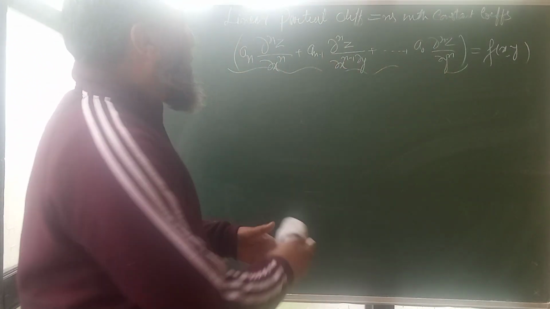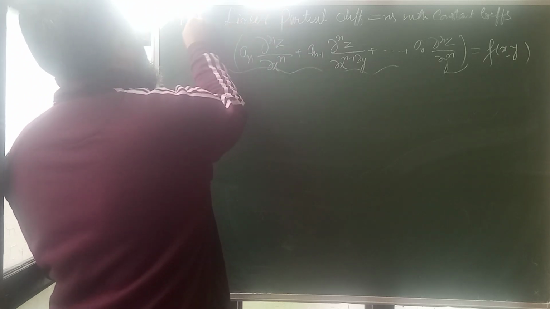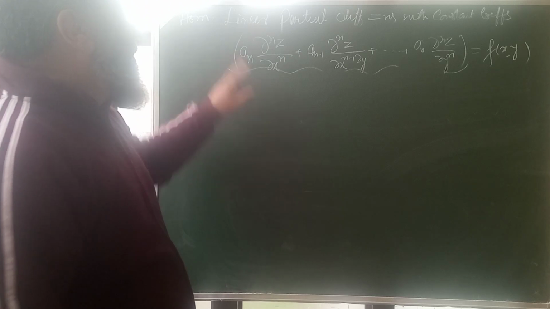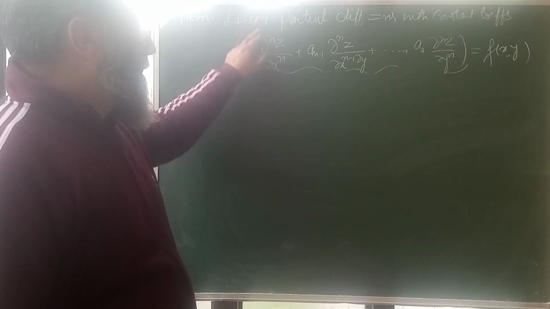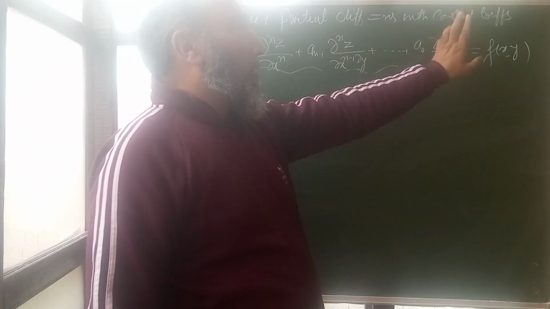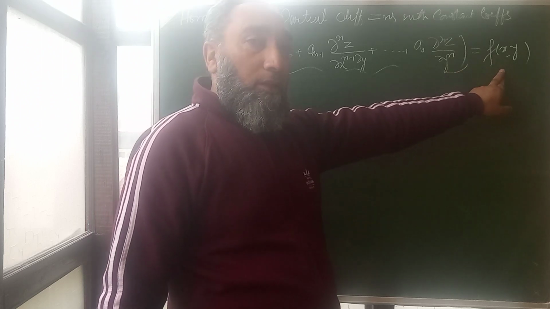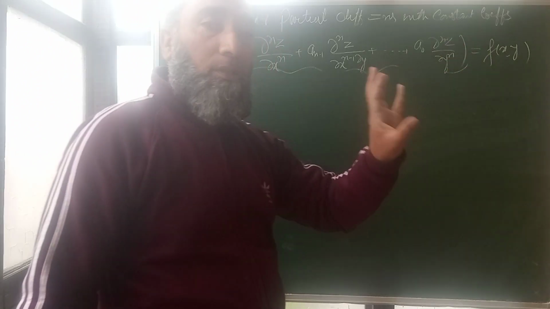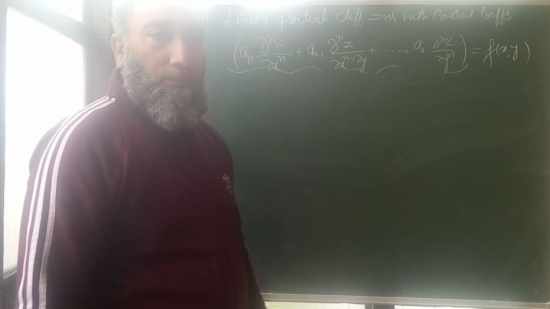This is a homogeneous linear partial differential equation with constant coefficients. a_n, another derivative a_{n-1}, another derivative with respect to x and y, and so on, and a function of both x and y. Now, how to solve this equation?